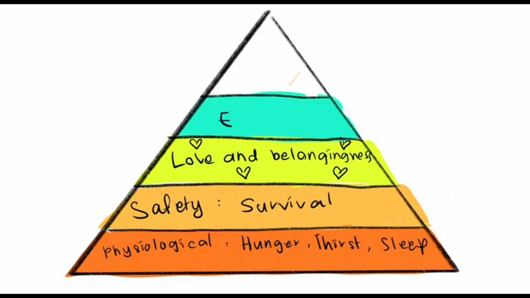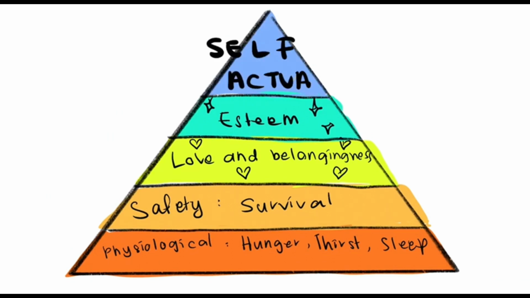Next, esteem, which means feeling good about oneself and one's own ability. Then, the hardest to achieve, self-actualization: realization of one's potential to thrive, to be better, and use that potential wisely.